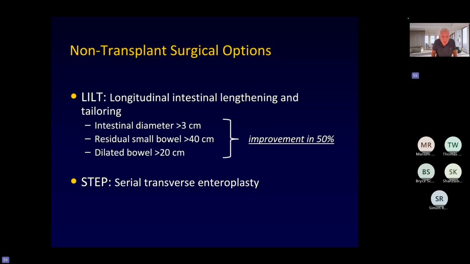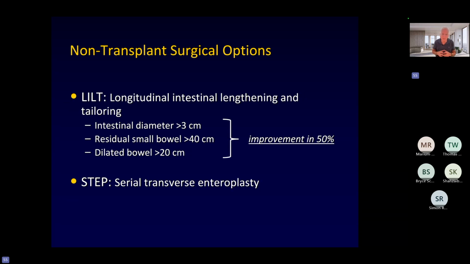The non-transplant surgical options include something called the longitudinal intestinal lengthening and tailoring procedure, and it should be used only in patients who have intestinal diameters greater than 3 centimeters. Remember, what happens to the bowel after intestinal resection over time is that the bowel starts to dilate, and you need a sufficient amount of bowel present in order to engage in a lengthening procedure.